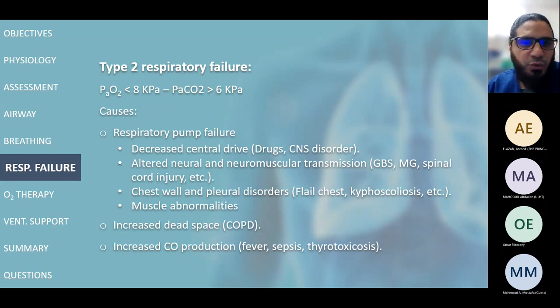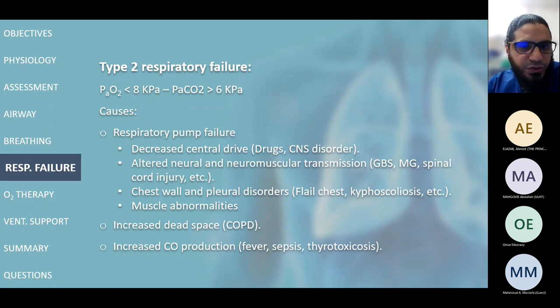Because as I said earlier, CO2 is a very nice gas. It just diffuses easily from blood to the alveoli. But if the lung is severely affected, so that even the CO2 is not going across the membrane, that means it's severely damaged.